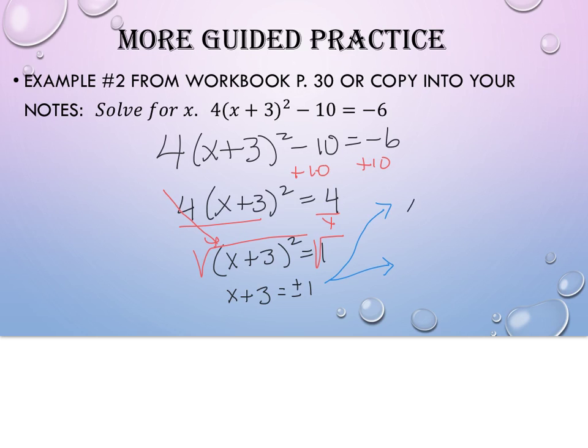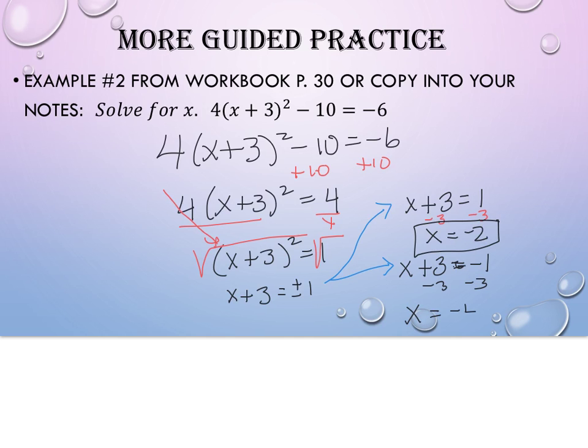The first possibility is x plus 3 equals a positive 1. And the second possibility is that x plus 3 equals negative 1. And then you can go through and solve like regularly, where you're going to subtract 3. On this side, x is going to equal a negative 2. The other possibility is subtract 3, x equals negative 4. So those are your two possible answers.